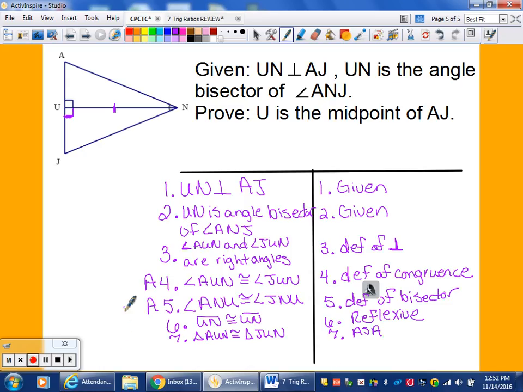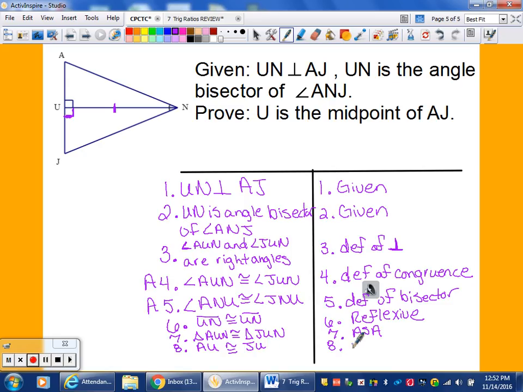Okay, so I've gotten the major part done, proving that the triangles are congruent, right? What does it tell me to prove? Use the midpoint. Well, knowing that these triangles are congruent, don't I know that AU is congruent to JU?